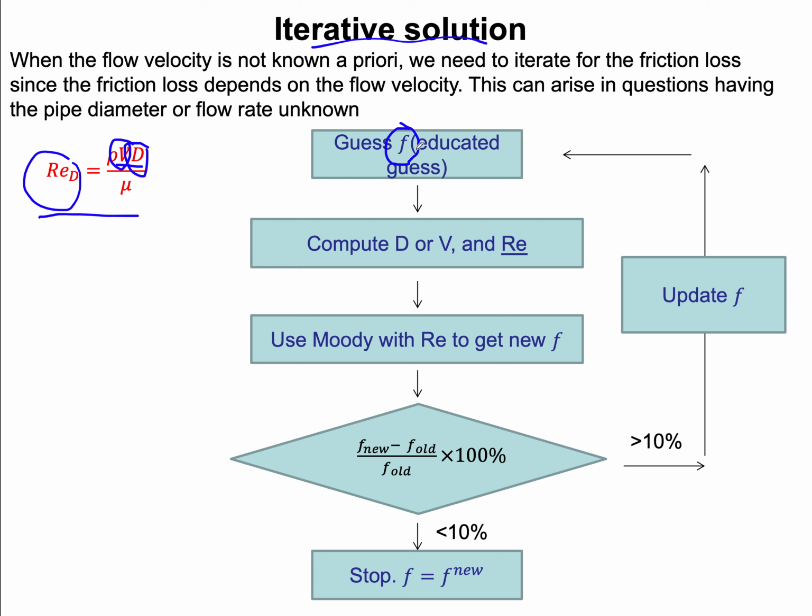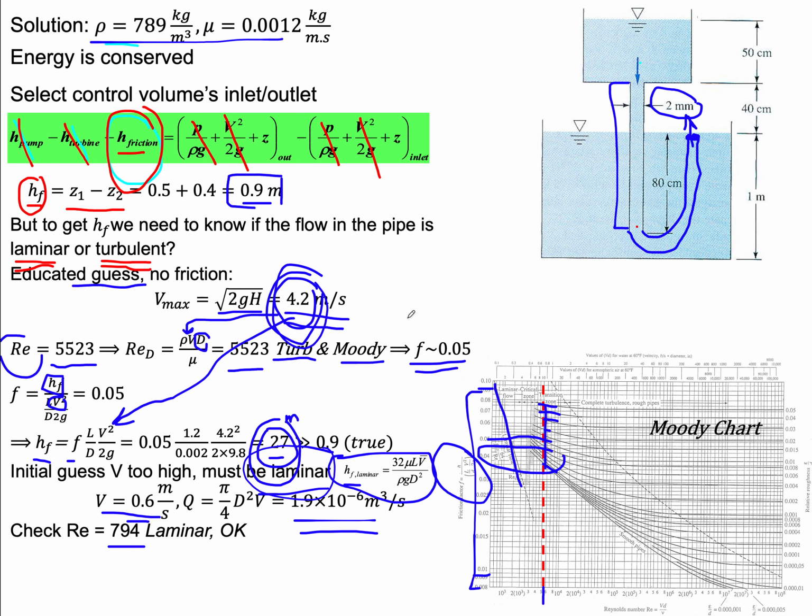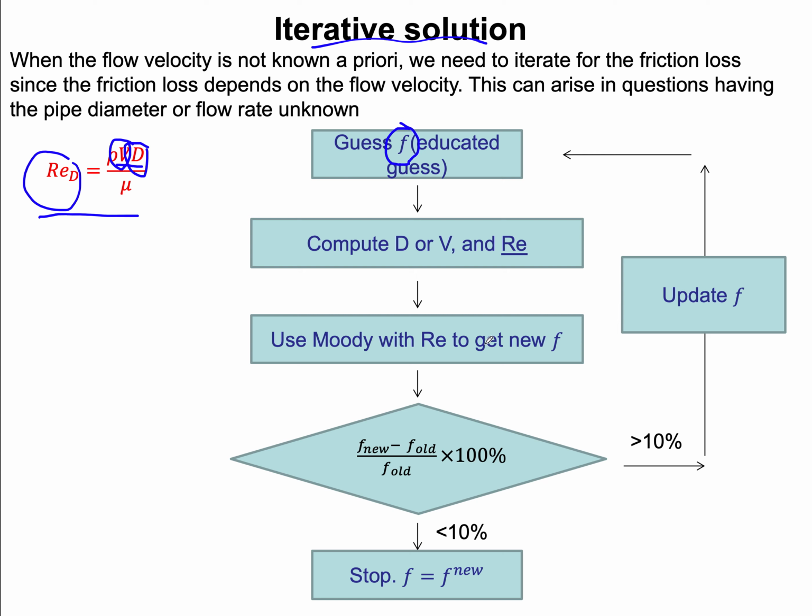So it's always best, and if you have to work blindly, maybe you want to go in the middle of the range. You don't really know whether you're laminar or turbulent, so I would go mid-range, somewhere between 0.02 and 0.03 friction factor. So now you guessed your f.